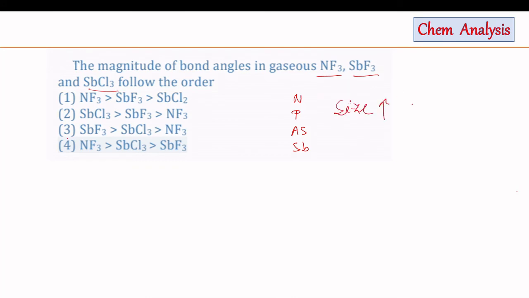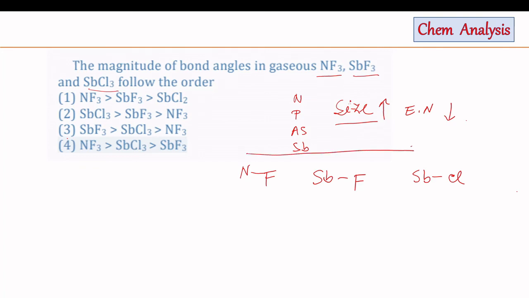Size increases and electronegativity decreases. Now with increase in size, the bond length between the central atom and the halogen increases. Therefore as we go from nitrogen to antimony, the central atom and halogen bond length increases.